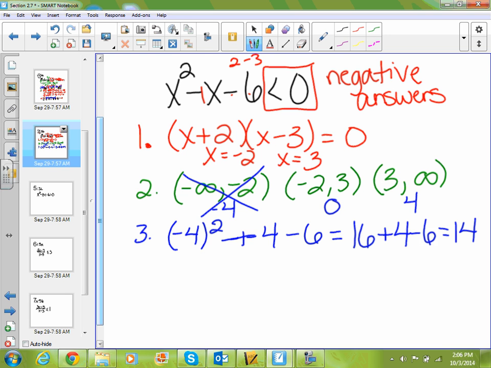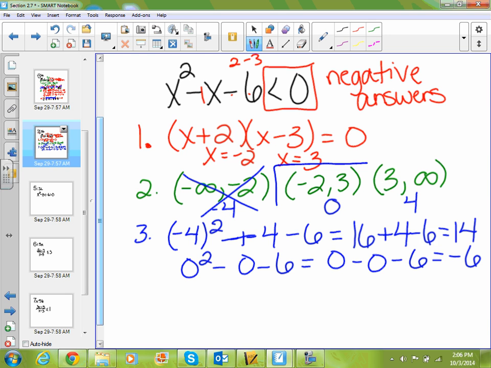If we look at our second interval, we're testing 0, so 0 squared minus 0 minus 6. Well, 0 squared is 0, minus 0 minus 6 gives me -6. Okay, which is less than 0, so that is in our solution interval. And then the last thing we're going to look at is testing 4.